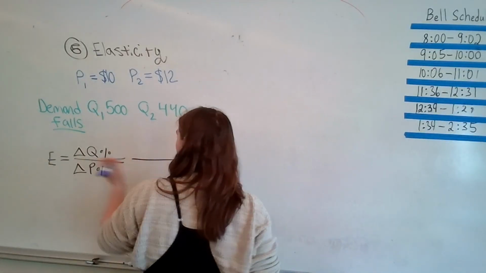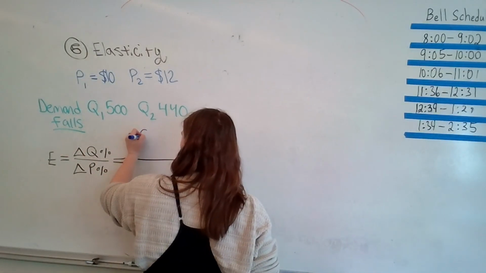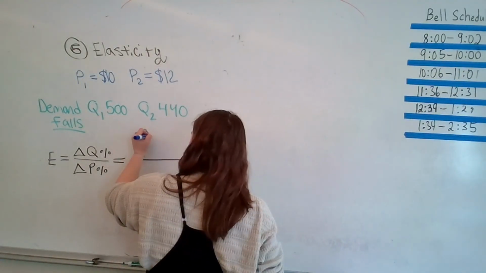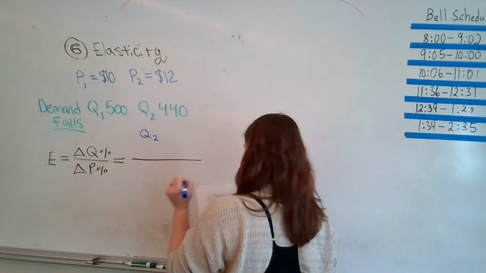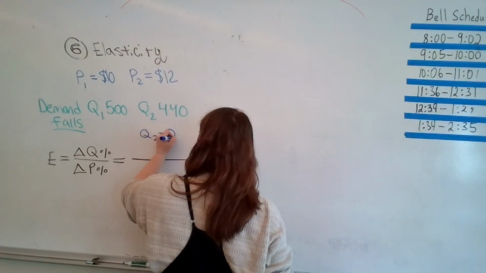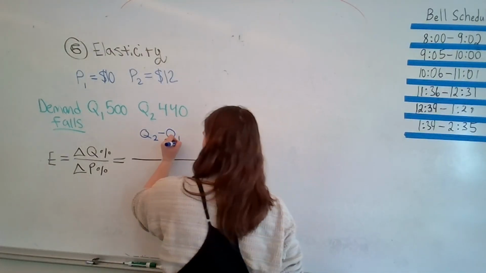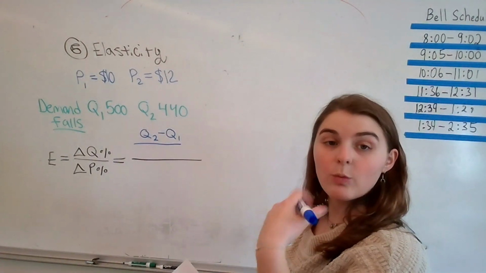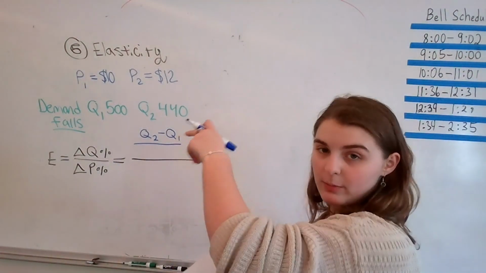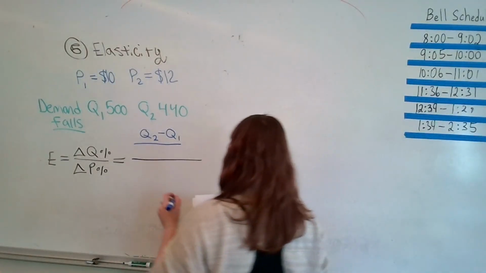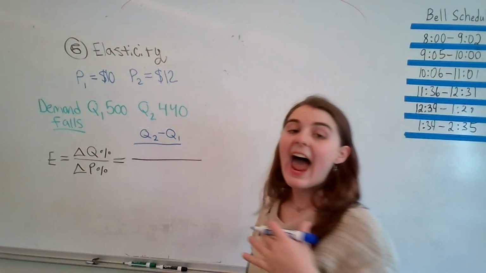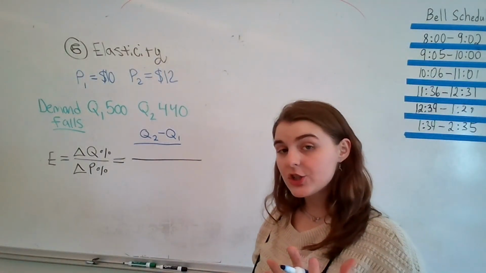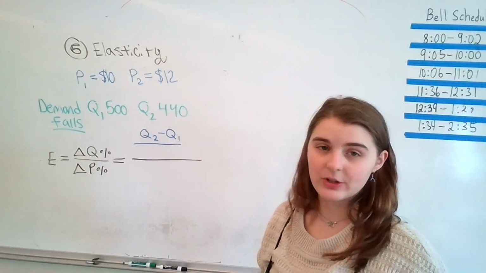How do we do that? Well, when we focus just on quantity first, we take our new quantity and the old quantity, and we take the difference. What do you do when you subtract? You get the difference. We divide that by the average quantity consumed. An average is adding things up and dividing by how many things you added up.